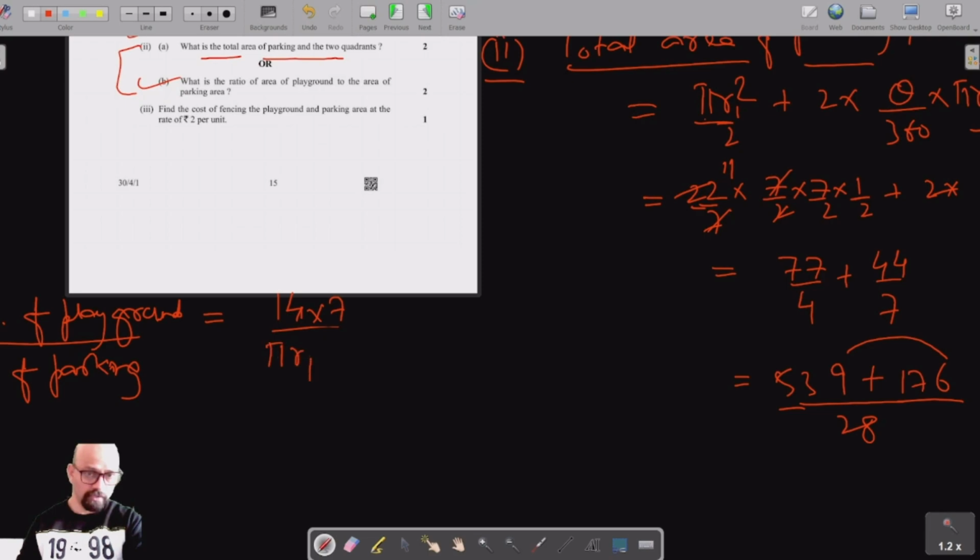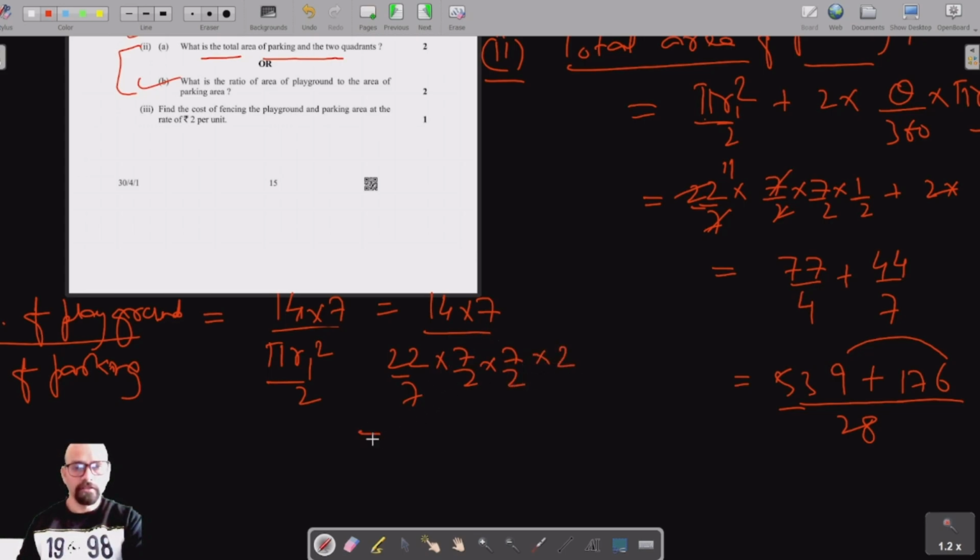So this is pi r1 square by 2, which is 14 into 7. This is 22 by 7. Radius is 7 by 2 into 7 by 2 into 2. Okay, this can be written as 14 into 7 by 22 into 2 by 7 into 2 by 7 into 1 by 2.